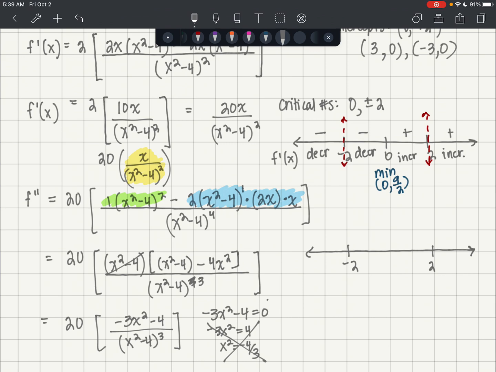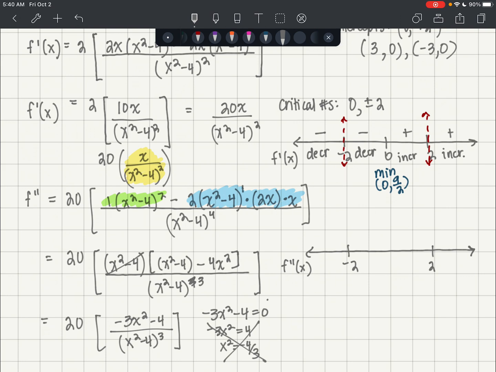So what's happening in our second derivative? What's happening from negative infinity to negative 2? This would be a good place for you to pause and determine if you have concave up, concave down. So check your concavity here and then come back and you can check for accuracy with what I have.